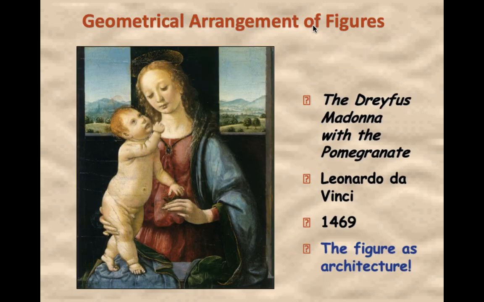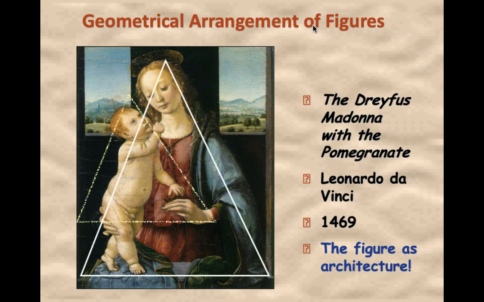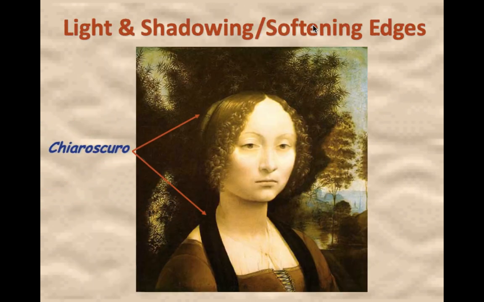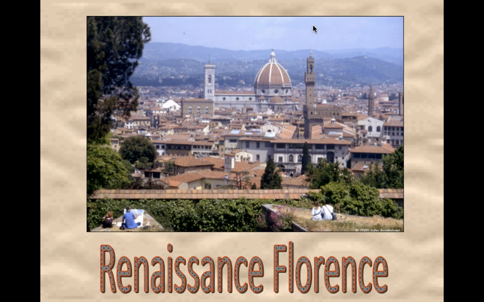So again, when we look at this one, this geometric, even though that baby looks really, really weird, this again is Leonardo da Vinci and the Madonna with a pomegranate. The shading and shadowing of, again, this is the idea of humanism and the individual.